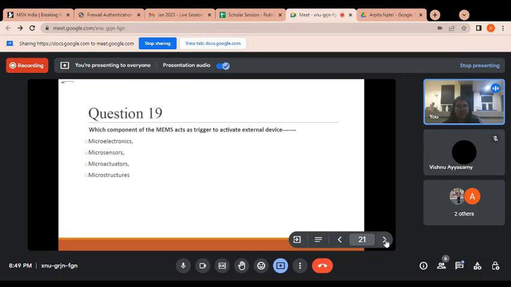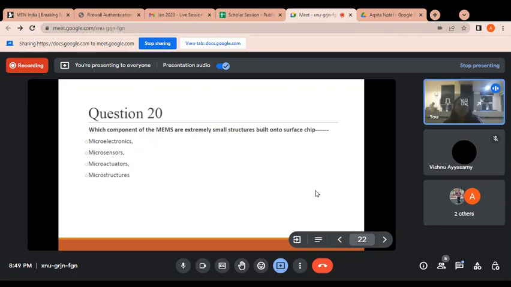So which component of the MEMS acts as a trigger to activate the external device? The microactuator is triggered to activate the external devices. It converts energy into motion. That's why the right answer is the microactuator.